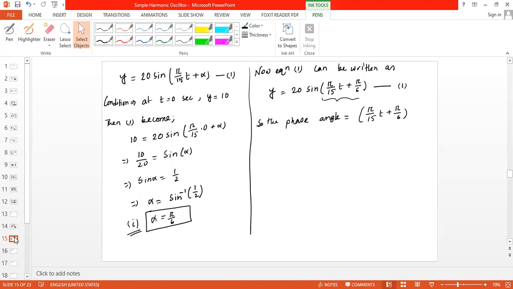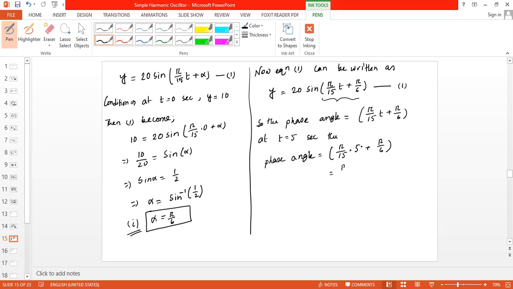At t equal to 5 seconds, the phase angle: I have to just replace t by 5, so pi by 15 times 5 pi plus pi by 6.